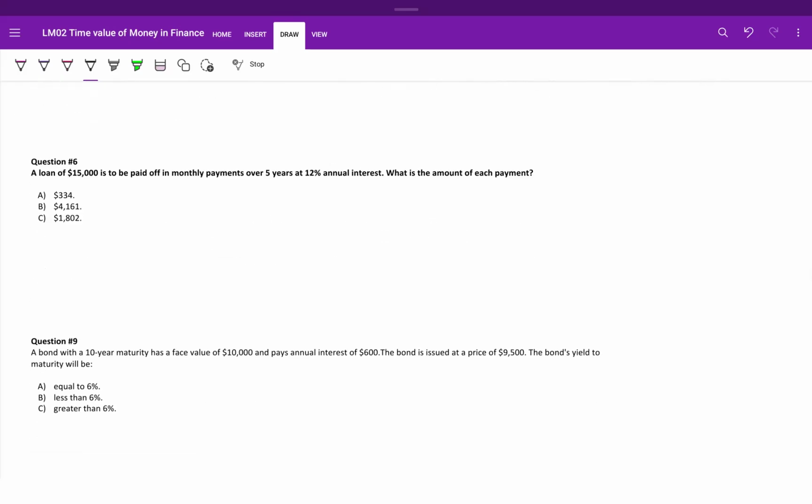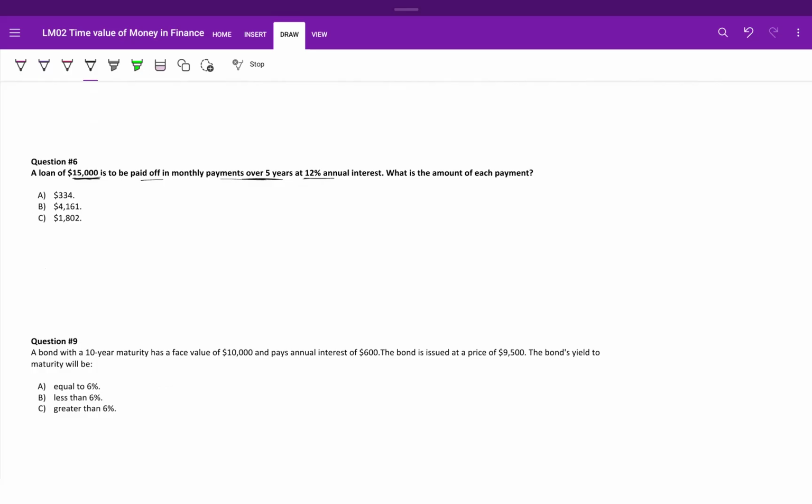Now, question number 6, this is relatively easy. A loan of 15,000 is paid off in monthly payments over 5 years at 12% annual interest. So here, the loan of 15,000, this is a question which is talking about an annuity.